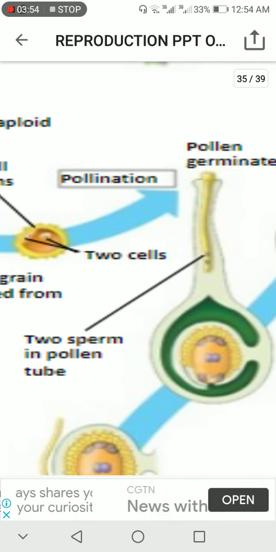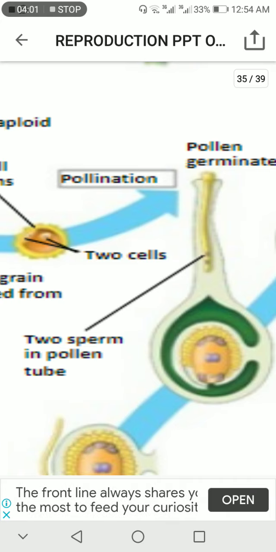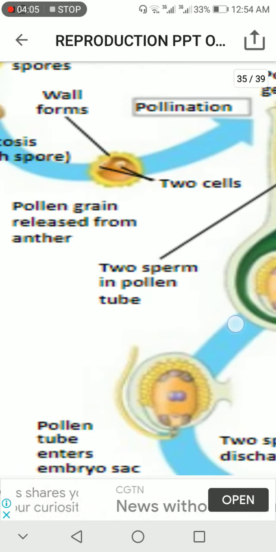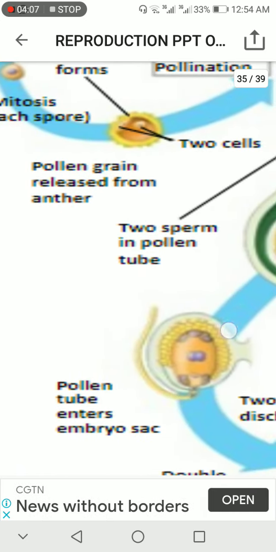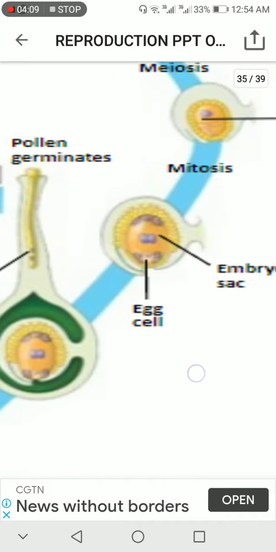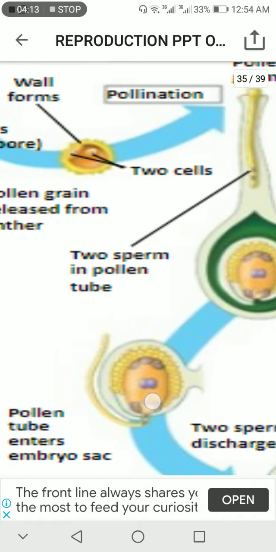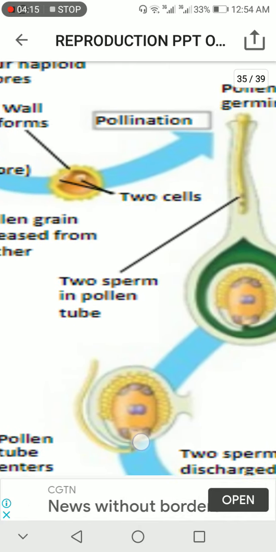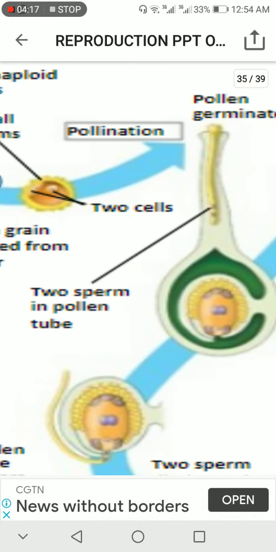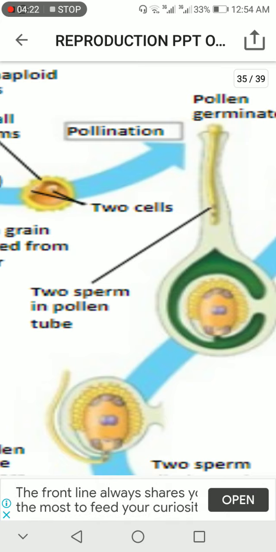Inside the pollen tube, as I already told you, there is a tube nucleus plus a generative nucleus, two nuclei. The generative nucleus further divides into two sperm nuclei. Two sperm nuclei in the pollen tube. At this condition, we call it the male gametophyte.